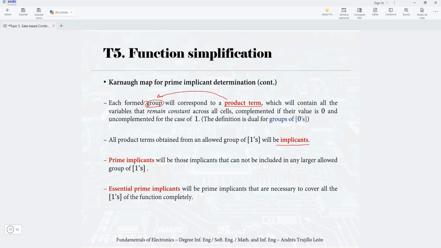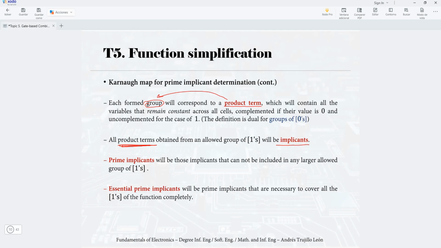We can see that they are ones in the Karnaugh map, and the function is 1 for these product terms because we have translated this from the truth table for the places in which the function is 1. So this equivalence is obvious, it's logical. So each product term of the previous example is an implicant because if the product term is 1, the function is 1. We have the dual definition. Remember, each sum term that we obtain from an allowed group of zeros is going to be an implicate because they are zero.